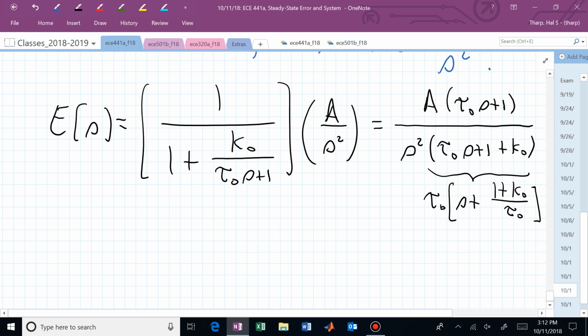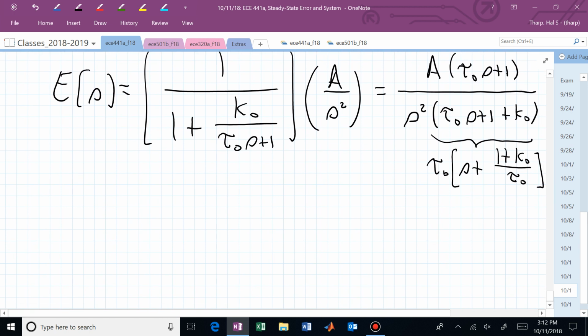and now it's in a factored form where we can explicitly identify our pole. If that's the case, what would we do if we wanted to inverse Laplace transform this expression for E of s? We would simply do a partial fraction expansion. Our denominator has a linear factor, s plus this pole location p1, and we have two poles at the origin.